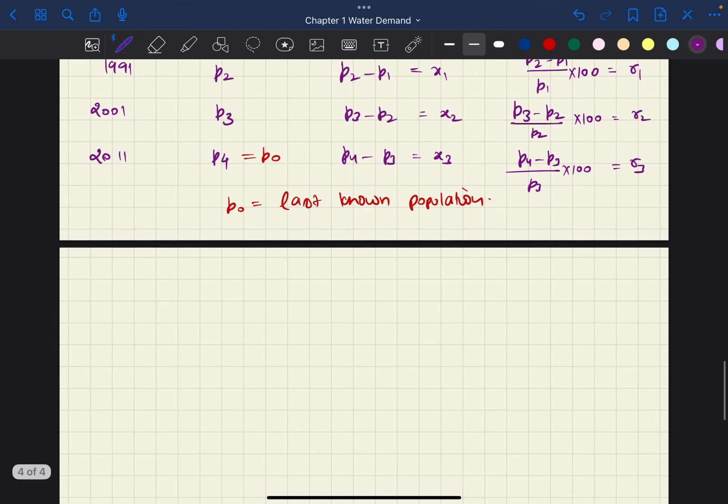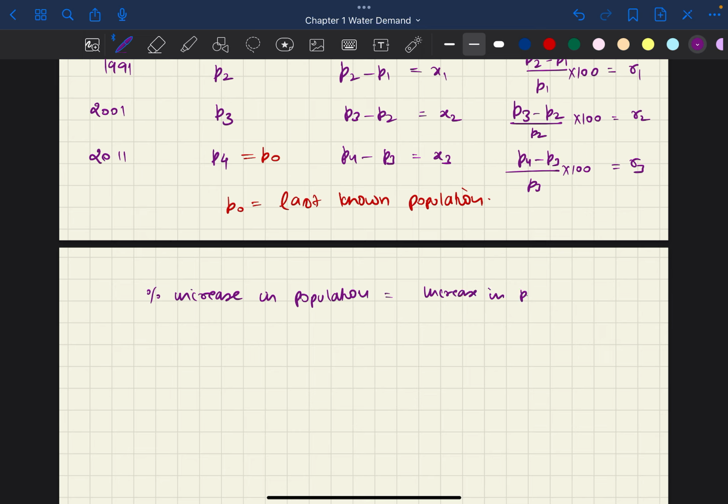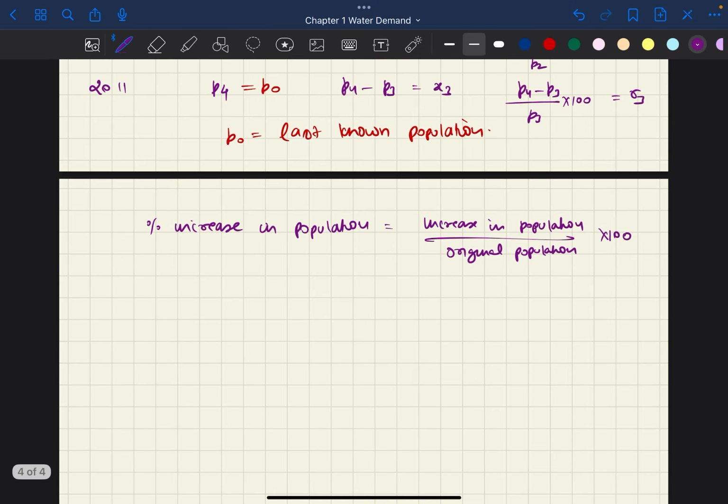So I am writing a general expression: percentage increase in population is equal to increase in population divided by original population into 100. So there are going to be multiple values of R1, R2, R3, and so on up to Rn, where Rn is calculated for the last known population.